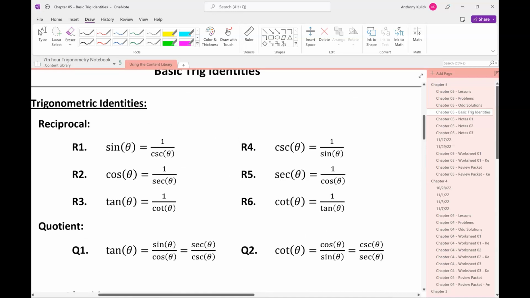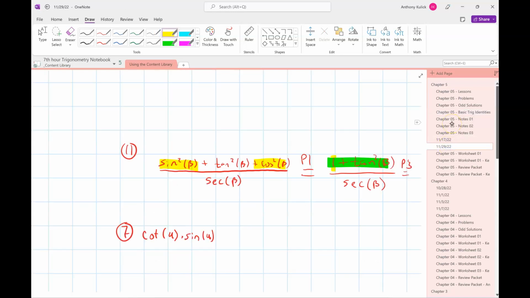So take a look at those and see if there's anything that looks useful. Specifically, I'd want to ideally be able to combine some like terms together. So I'd want to look for either a cotangent identity that is in terms of sine, or a sine identity that's in terms of cotangent.